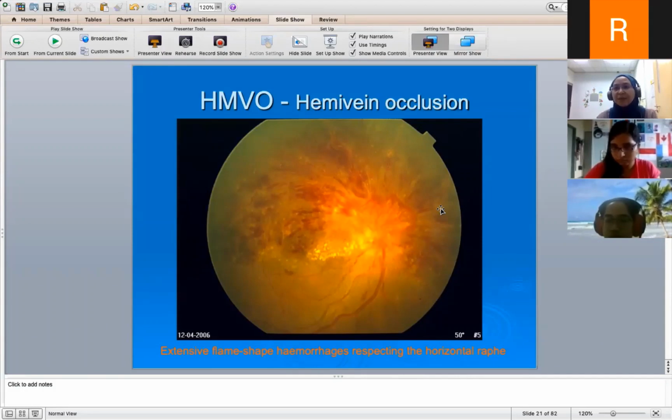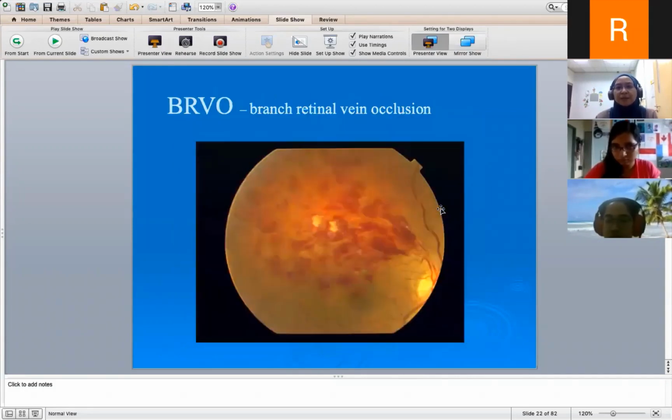those patients. Okay, now again, a lot of flame-shaped hemorrhages, tortuous vessels. You can see a bit of silver wiring as well. Blot hemorrhages here. Okay, optic disc is not swelling, looks fine. Cotton wool spot. Can this be hypertensive retinopathy?